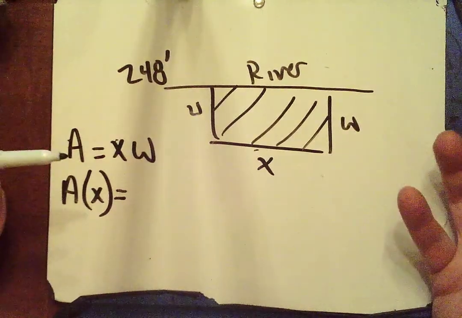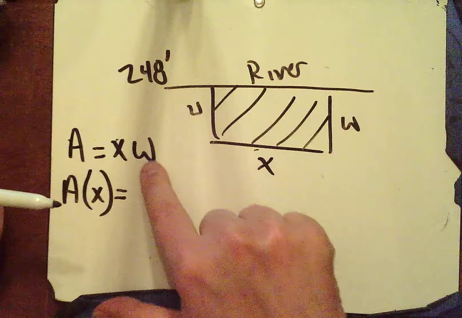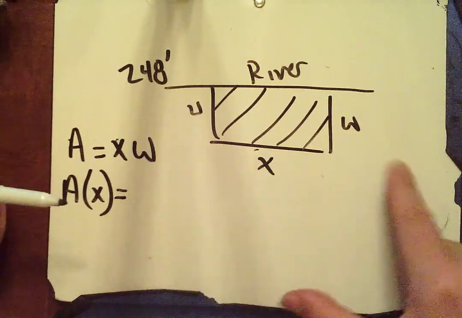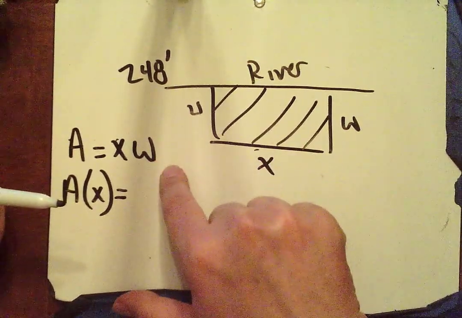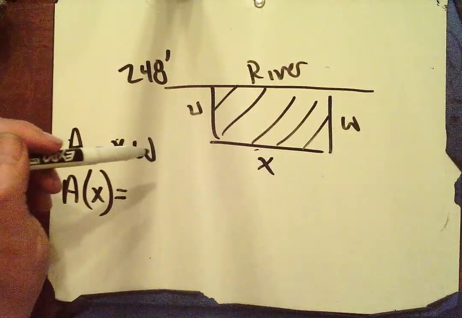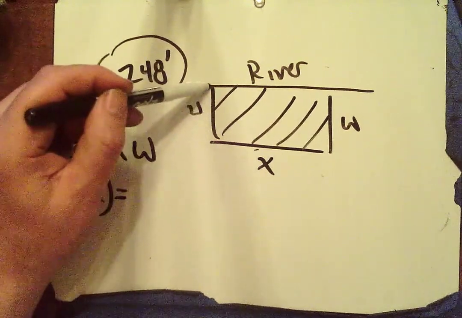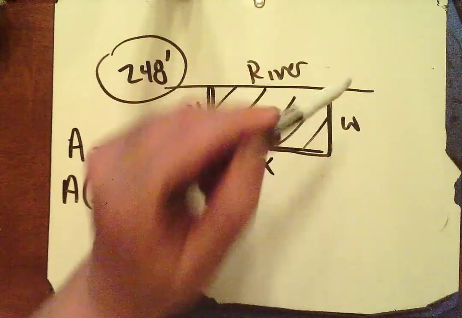So if I had a helping equation, I could take that helping equation and solve it for w, and then replace what w is equal to from that helping equation in there. So let's see if we can come back here and come up with a helping equation. Well, we haven't used this number yet. What does this represent? This plus this plus this.